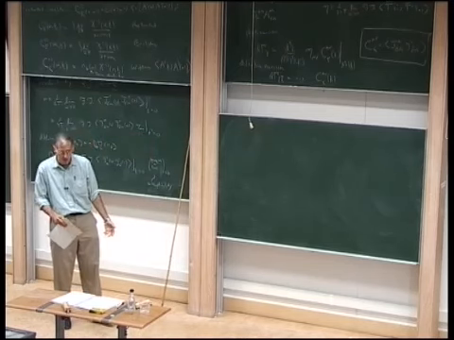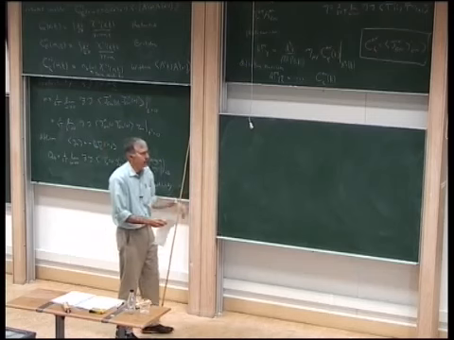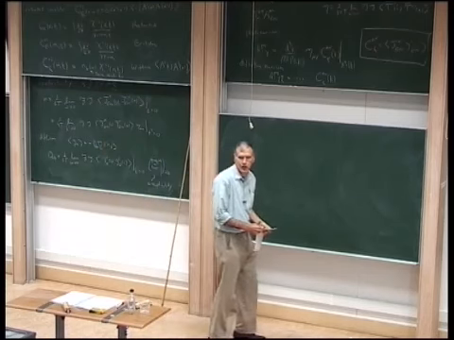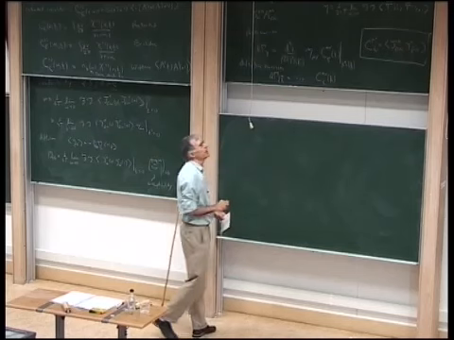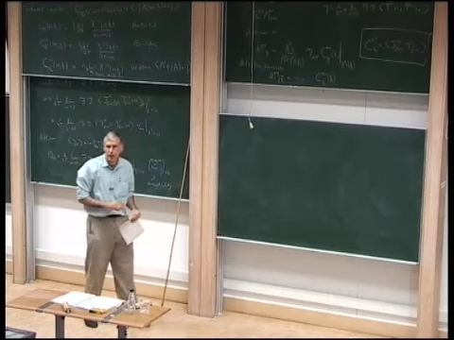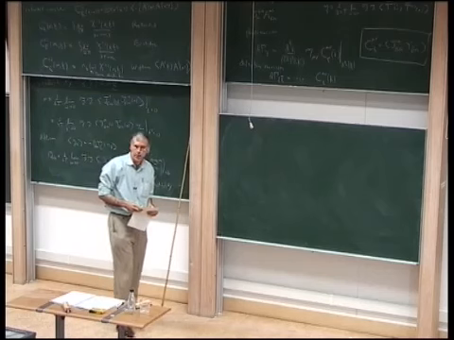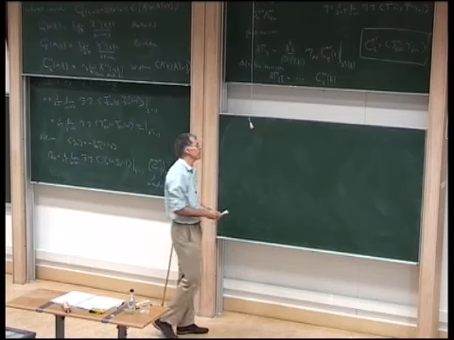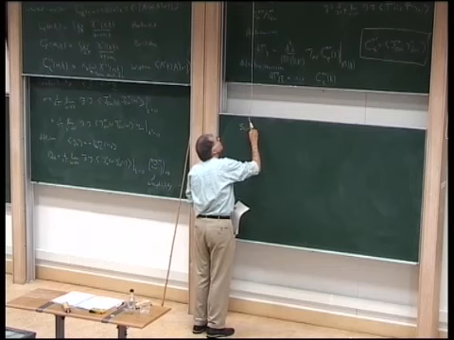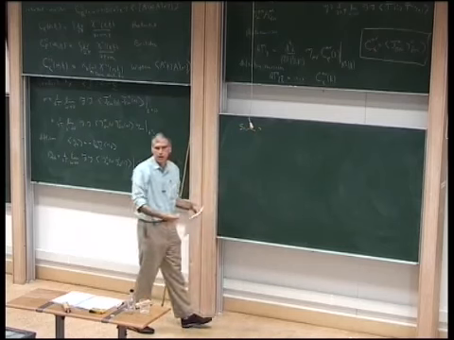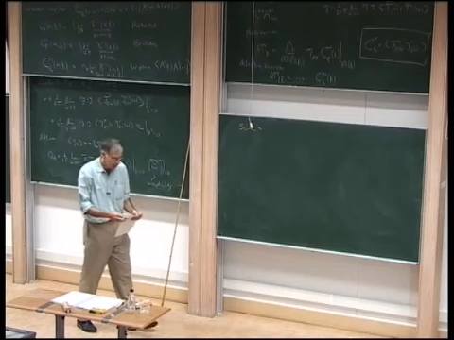All that framework fits perfectly with this particular application, right? I want to get out a correlation function of the electromagnetic current. The appropriate source to turn on is precisely a background electromagnetic gauge field.